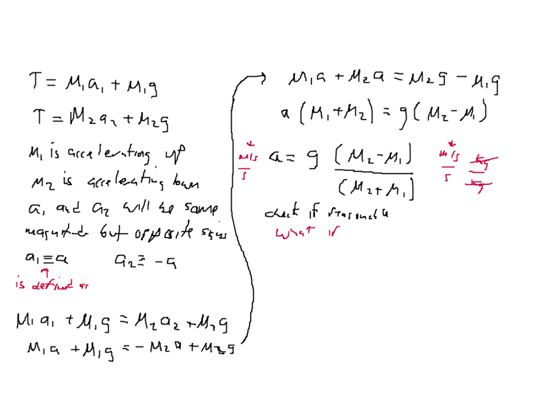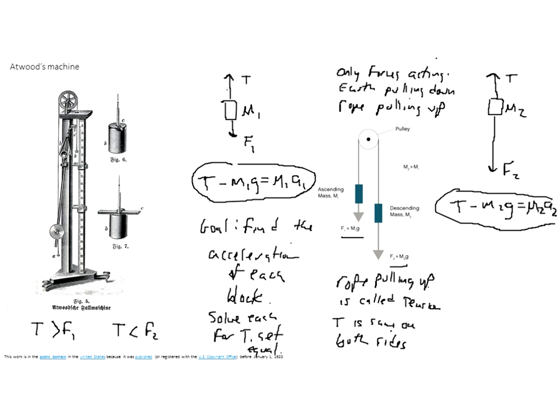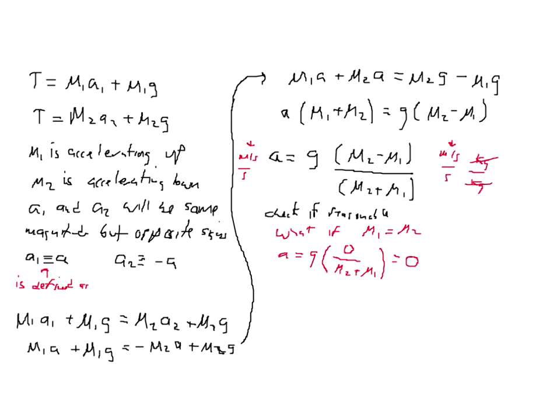What if M1 equals M2? Then we get A equals G times M1 minus M2, which is 0 over M2 plus M1. So that, of course, equals 0. If they're equal to each other, these two objects are equal. There's not going to be any acceleration. So that kind of makes sense.